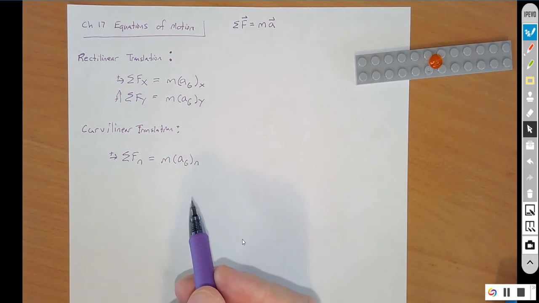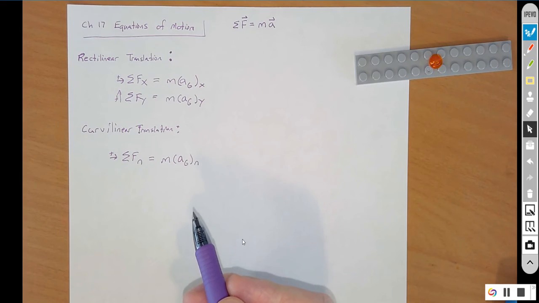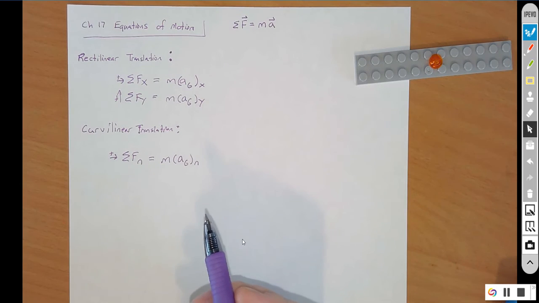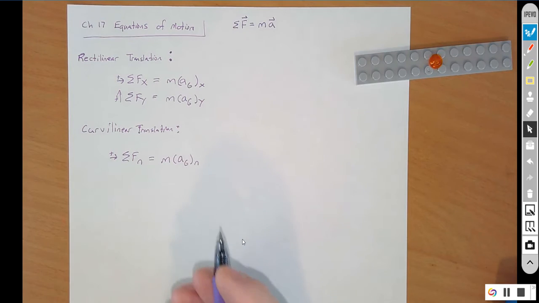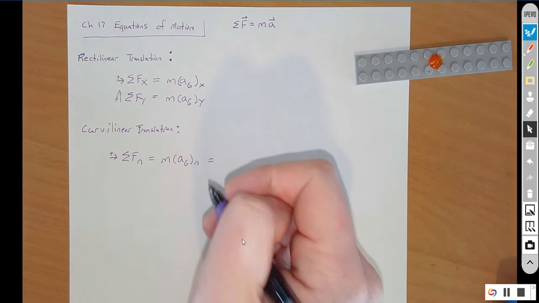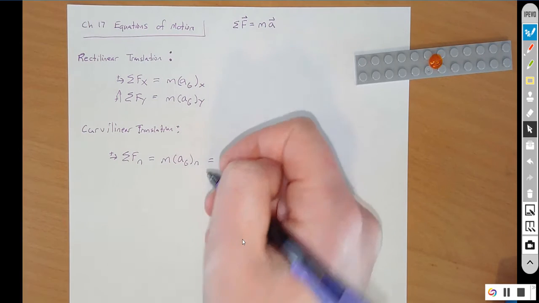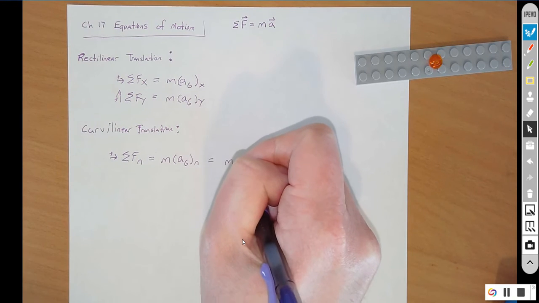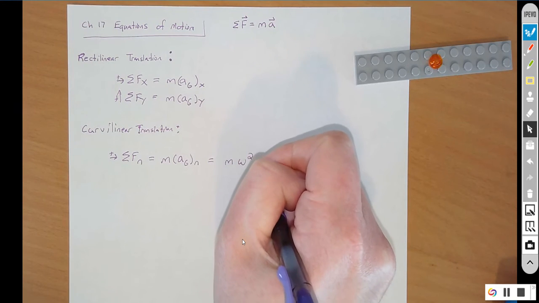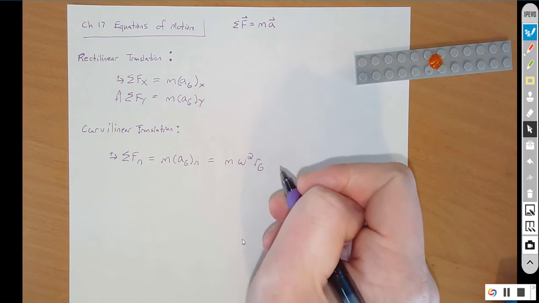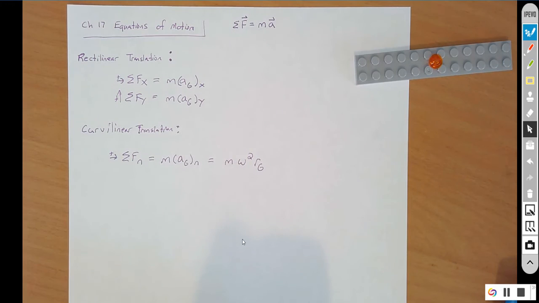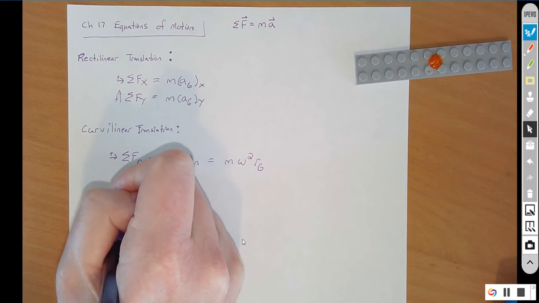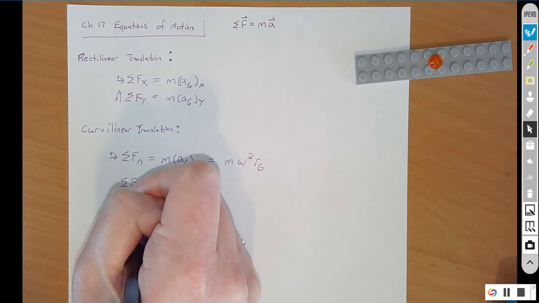So instead, as we saw in the last section, we rewrite this as mass times omega squared times the radius to the center of gravity. And then sum of forces in the tangential direction.